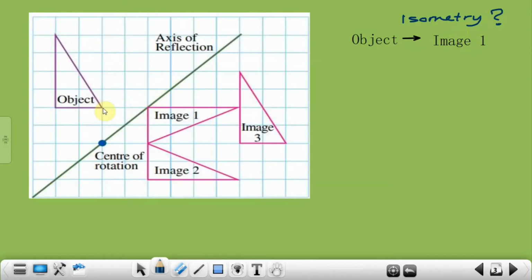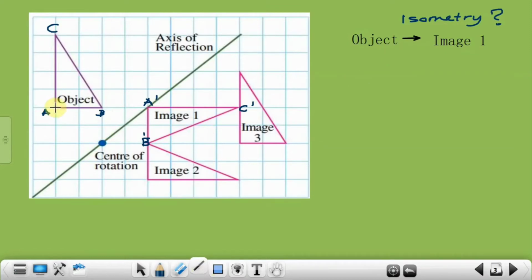If we look at the object and the image, let's name these vertices A, B, C. For this image 1, we name the image points A prime, B prime, and C prime. Given to you is the center of rotation, so this is rotation.